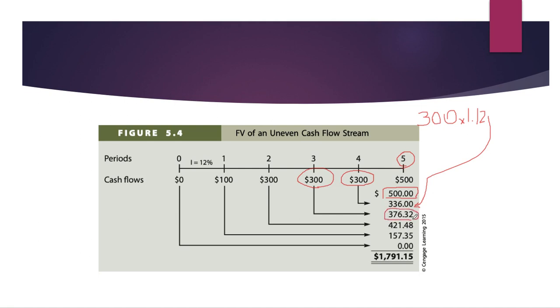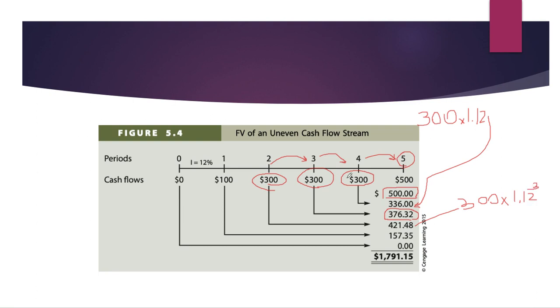And as you continue, for the second term, you are going to need to multiply with the third power of 1.12. So this 300 that you receive becomes 421, that is obtained by multiplying with 1.12 cubed.